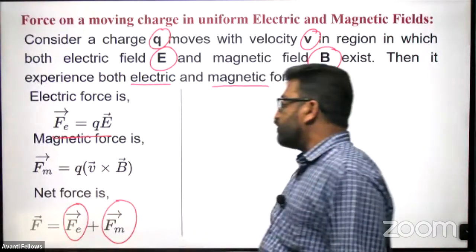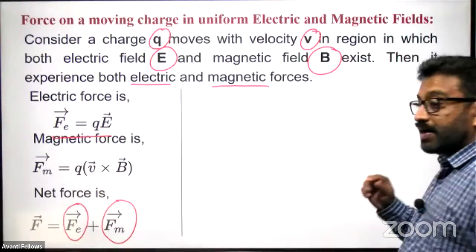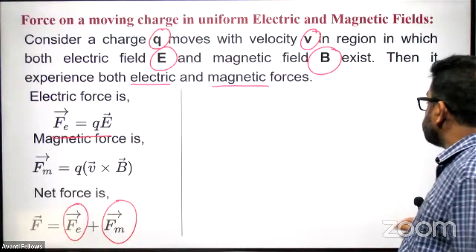That will be the net force on a charged particle moving in an electric field as well as a magnetic field.